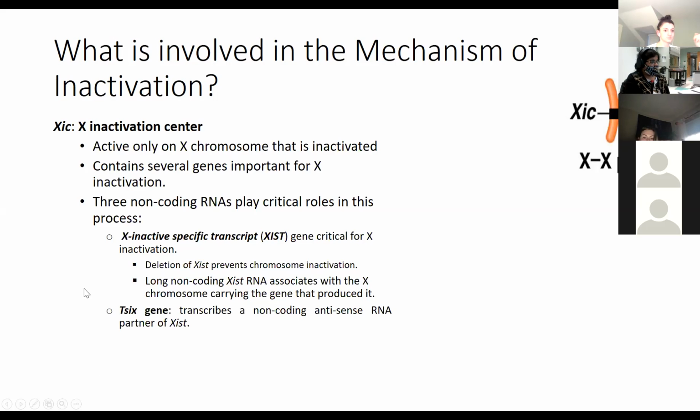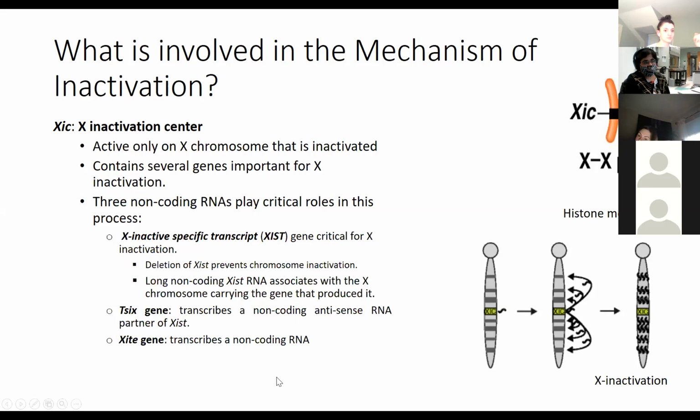Then you have a gene called T6. This transcribes a non-coding antisense RNA partner. So essentially, this is the complement to this one, except the antisense side. Then you have the XIC gene, which is transcribing a non-coding RNA.